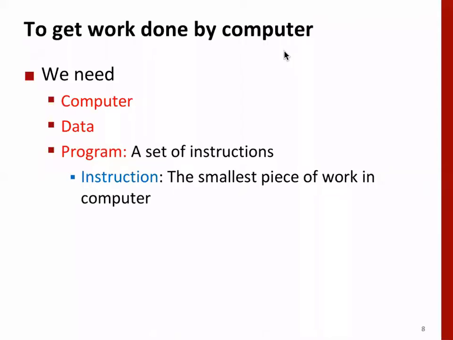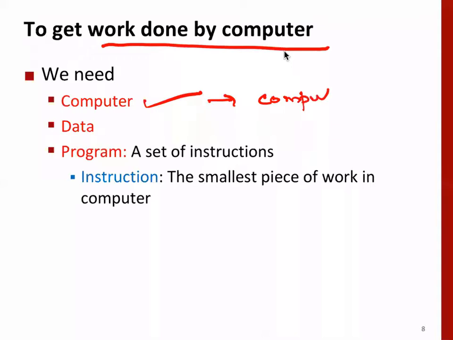All right. So to get work done by any computer, we need something that computes. The purpose of a computer is nothing but to compute. Then we need data, and we need a set of instructions, or program. These are three necessary things.